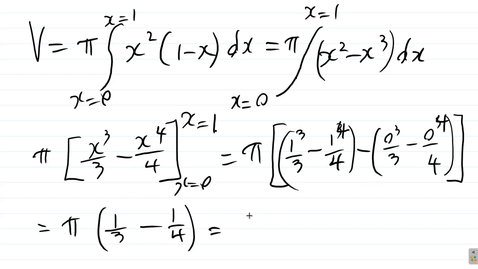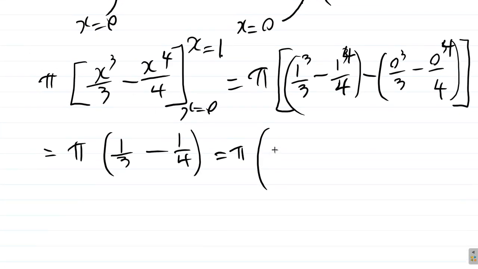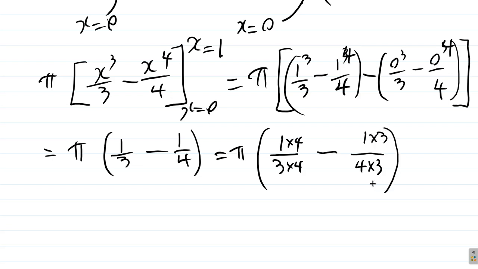So in this case it's pi times, and then we do some fractions here. This is 1/3, and we need common denominators. If we multiply top and bottom of this by 4, so that we have 12 on the bottom, minus, and then for a quarter we want another 12 on the bottom, so we multiply 4 by 3, and we multiply the top by 3 too.